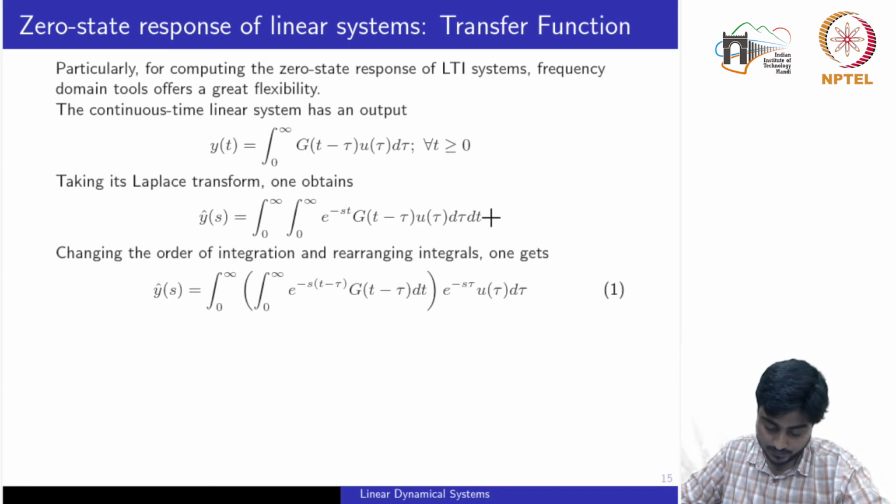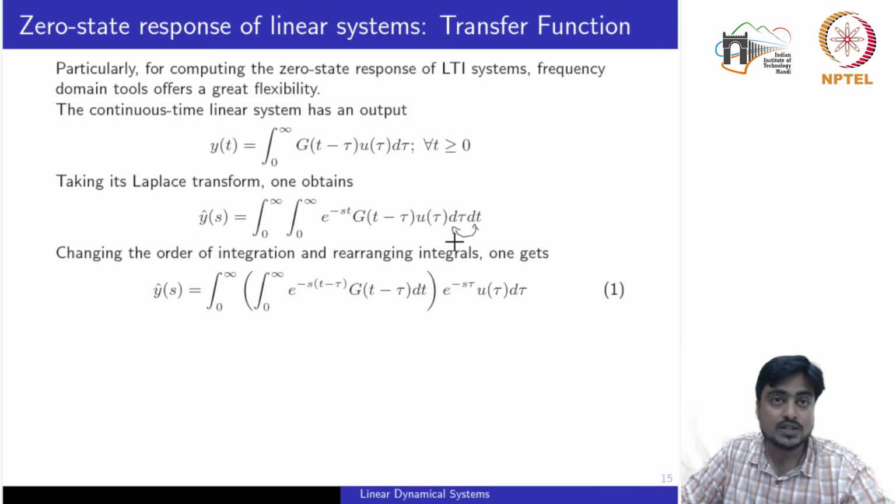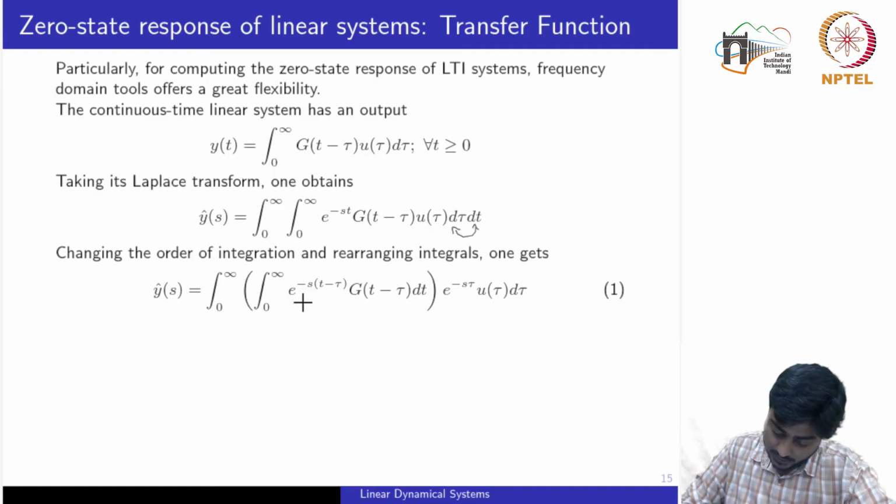Now we change the order of the integration by interchanging d tau and dt, and rearrange the integrals. We club the terms e to the power minus s times t minus tau.